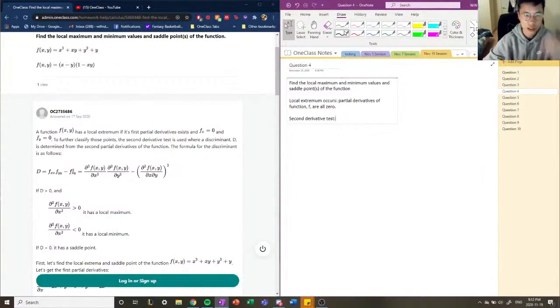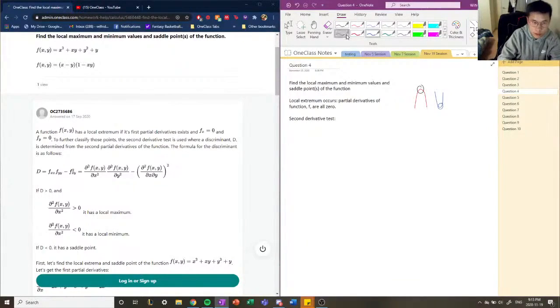So let me show you what a saddle point looks like. You all are aware of your local maximum, I guess. Let me use a different color. This is like a local maximum, and this is like a local minimum.